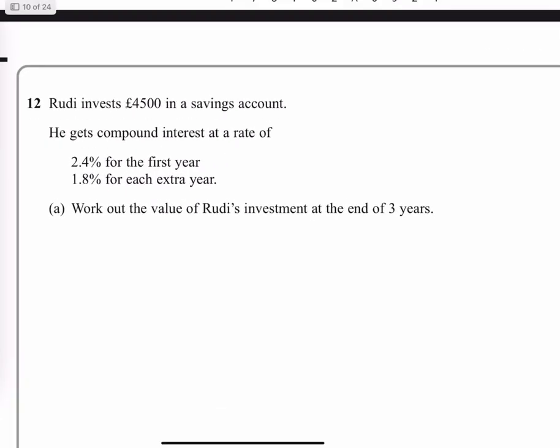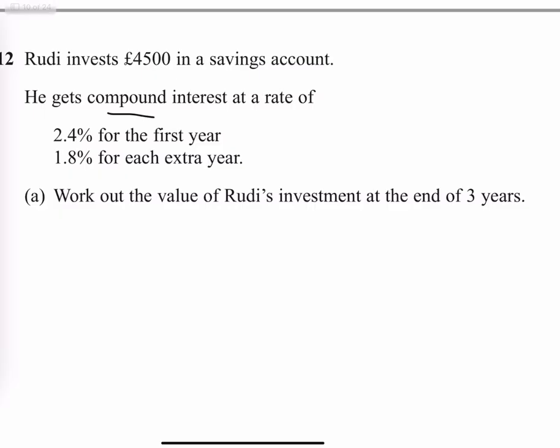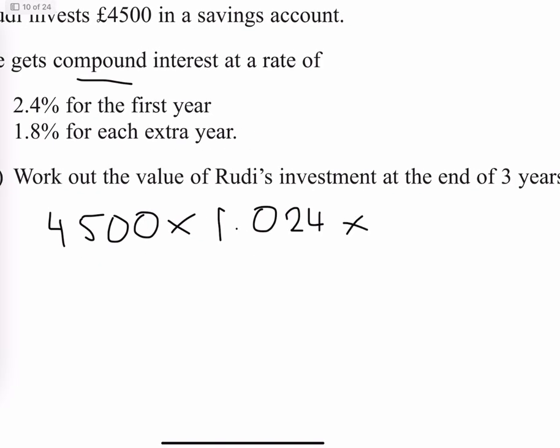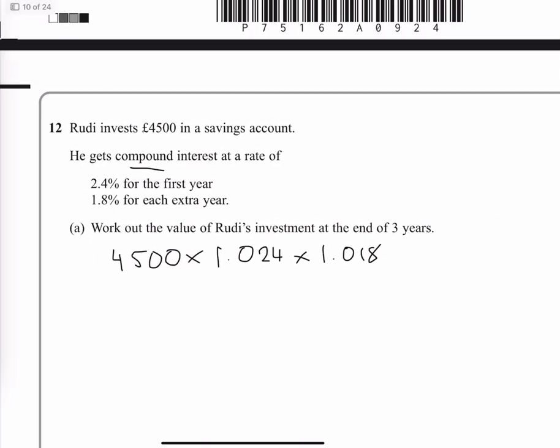So this is compound interest, so it compounds, that's quite nice. 4,500 times 1.0, that would be 20%, so this is 2%, 4%, times 1.018. Extra year, this is 3 years, 1 year, 2 years, so we square that.